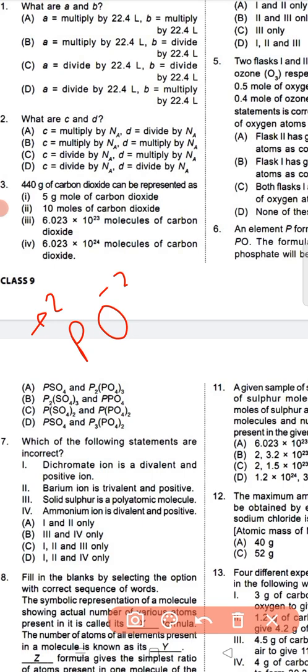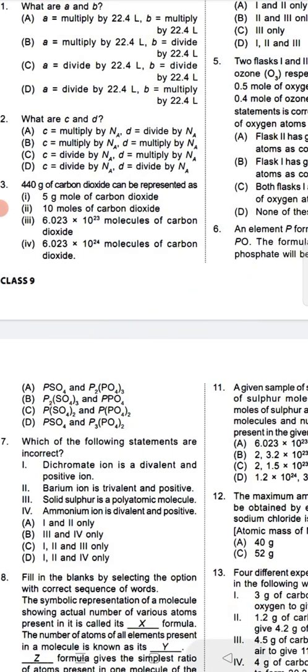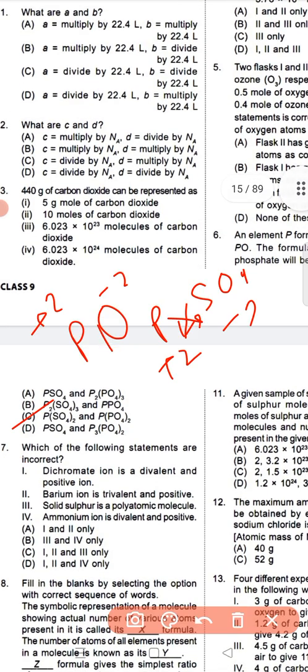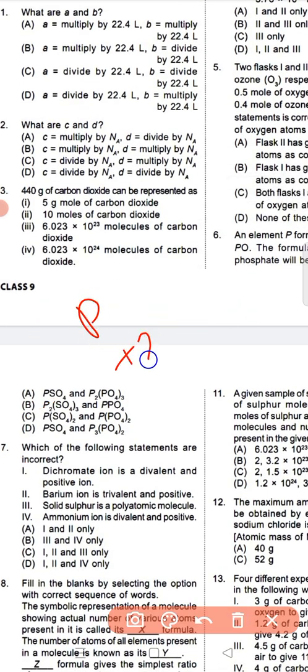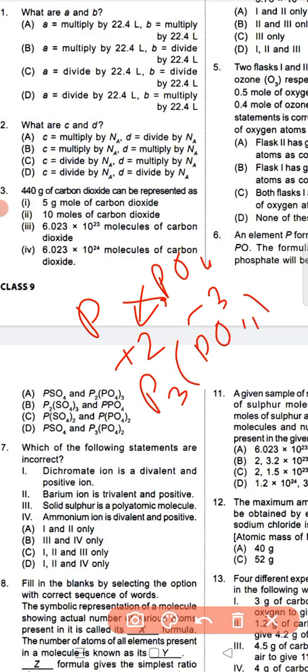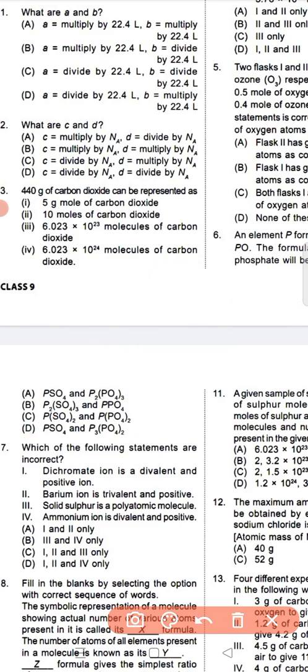So option D is the correct answer, because P +2 and SO4 -2, by crisscross, gives PSO4. With phosphate, P is +2 and phosphate is -3, then by crisscross it will come P3(PO4)2. So option D is the correct answer for question number 6.